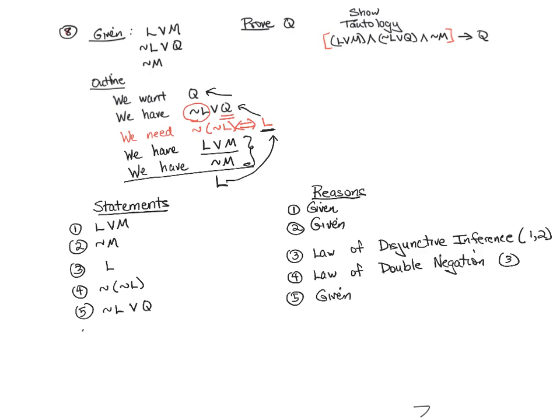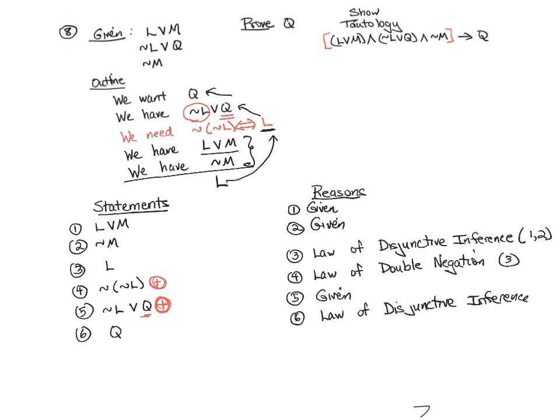And finally, number 6, then Q must be true. And this is the law of disjunctive inference. And remember what the law of disjunctive inference says, that if a disjunction is true, and one of its disjuncts is negated, which is here, then the other disjunct must be true.